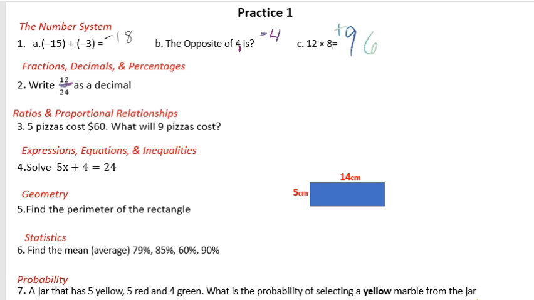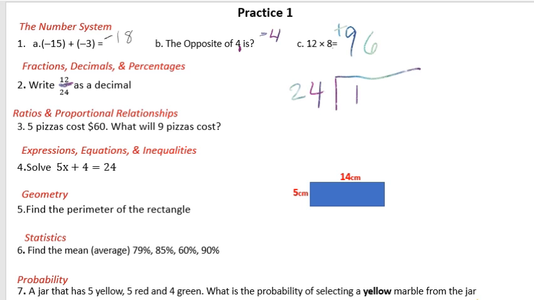But we're going to do it on paper because you need to learn how to do that, because on the FSA, the first half of your test is not going to be with a calculator. So you actually need to know how to do this.